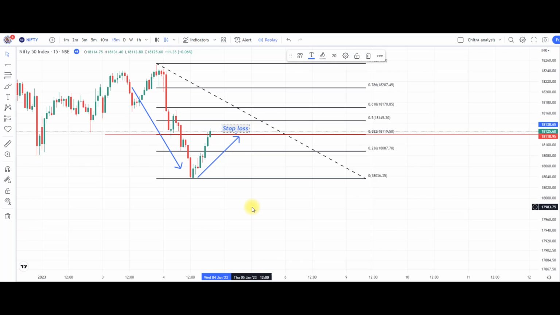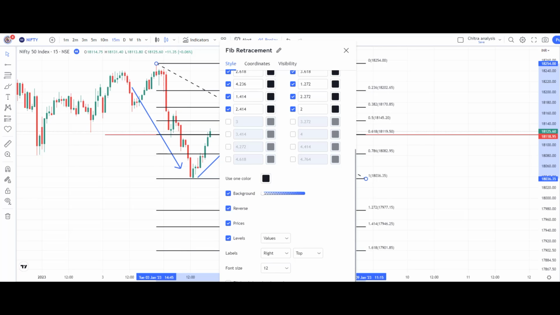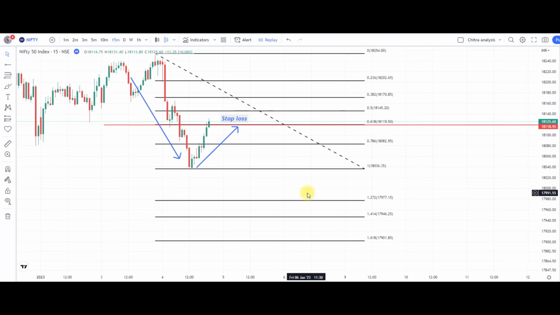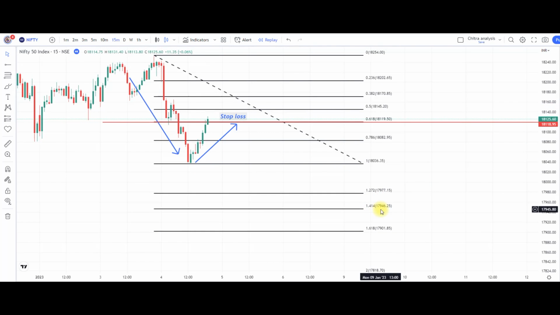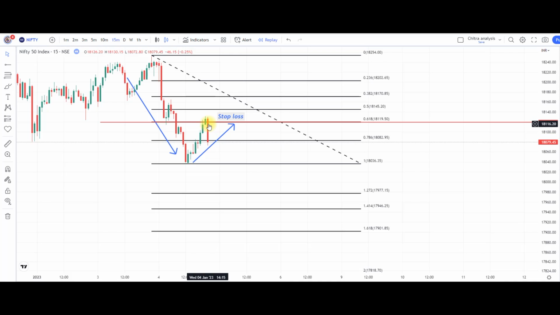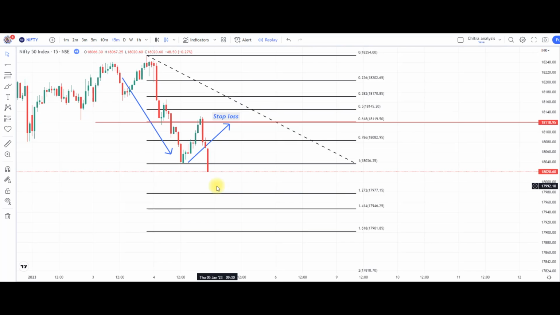So we can also calculate the target using the Fibonacci. For that, click on the settings in the Fibonacci and tick the reverse and click on OK. So the first target is 1.272, the second target is 1.414 and the third will be 1.618. Now we will see how our trade is going on. See, price reversed from 0.382 level and continuously price is falling.